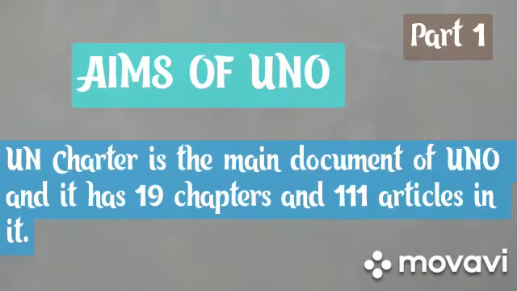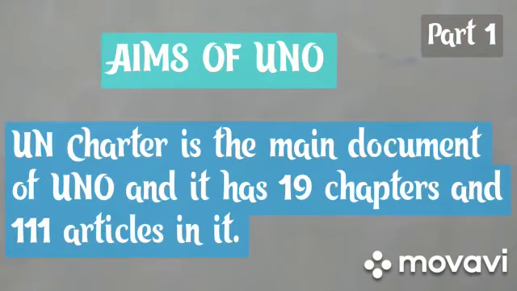Okay, now my dear students, let's try to understand what were the aims of the United Nations Organization. The UN Charter. Remember students, whenever we sign a document which all member countries will follow, we call it a charter. The UN Charter is the main document of UNO.